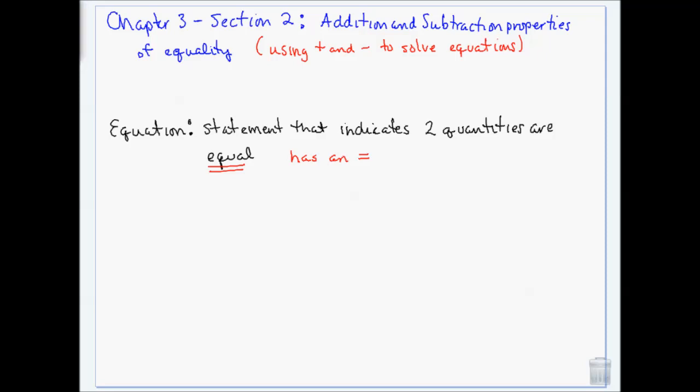And the solution is the value of the variable that makes the statement true.